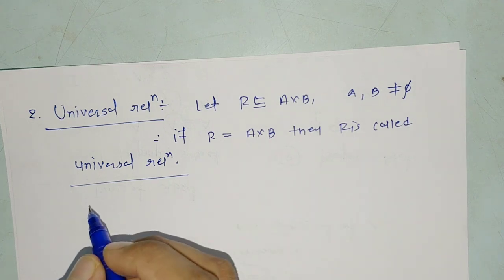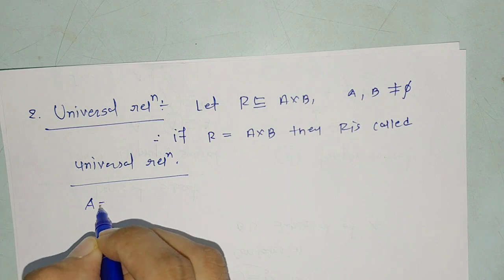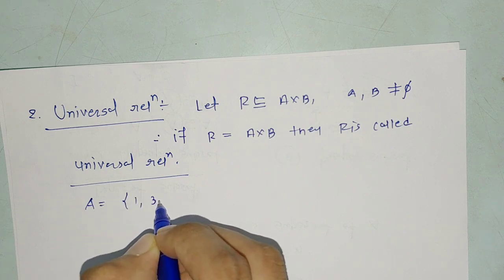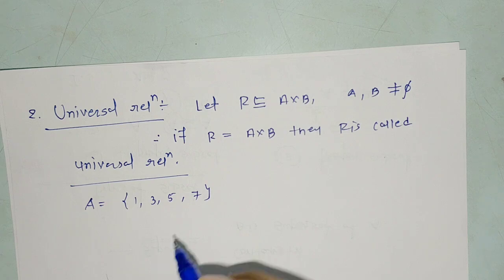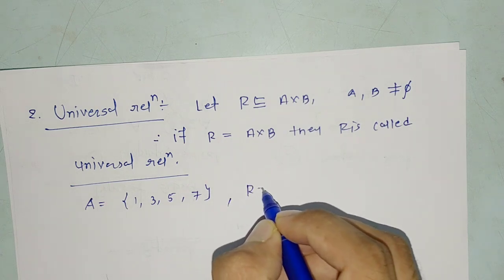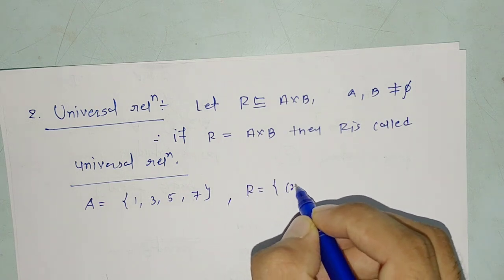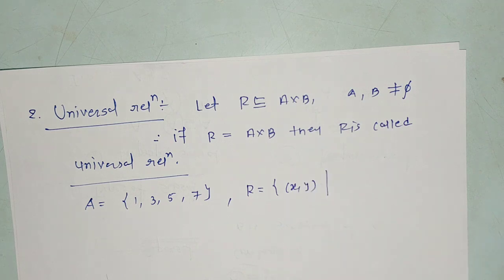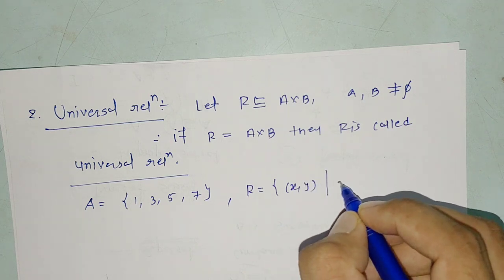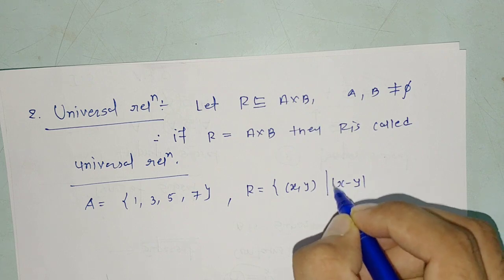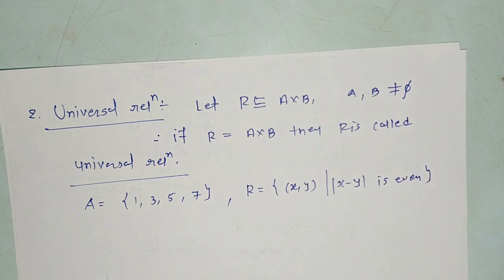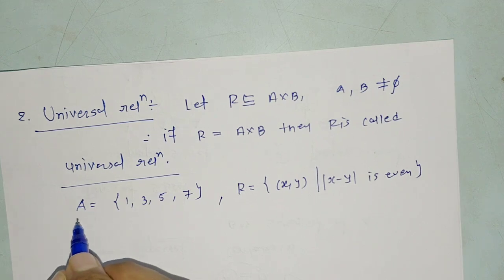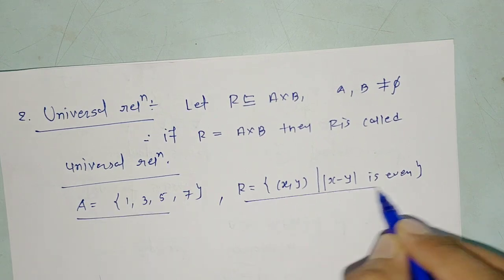Let's take an example to understand this. A is equal to {1, 2, 5, 7}. A has 4 elements. And I am defining relation R on A as (x, y) such that modulus of x minus y is even. This is my set A and this is my relation.